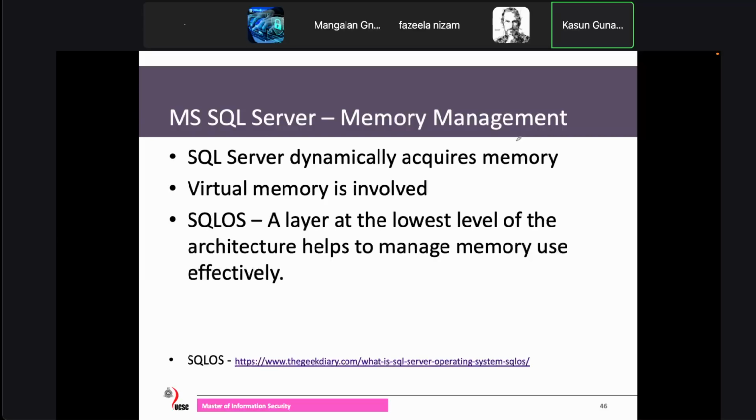So that's why it can dynamically work with memory and virtual memory support. All these are compatible because Microsoft SQL Server runs on their own operating system, Microsoft Windows.